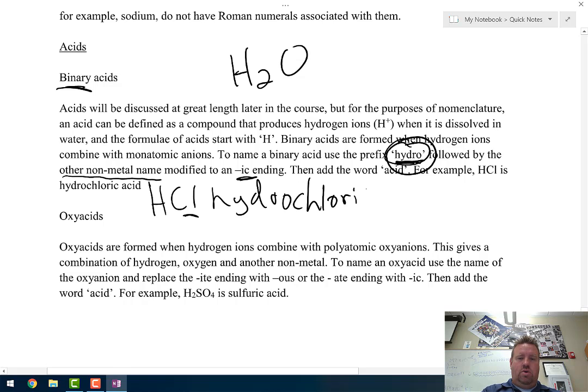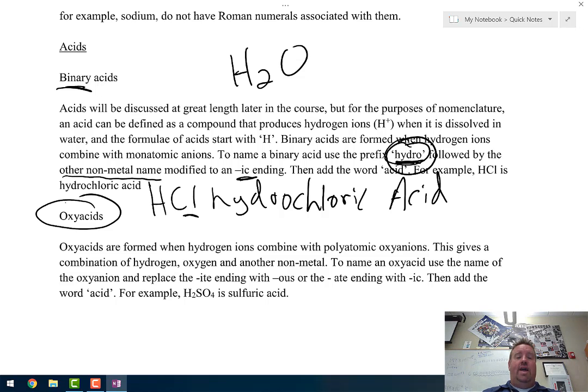So chloric, and then you put acid at the end. So that is hydrochloric acid. Now, notice that there's no oxygen in there. When we get to oxyacids, we're going to be talking about acids that do have oxygen in them. All of the binary acids do not have oxygen in them.